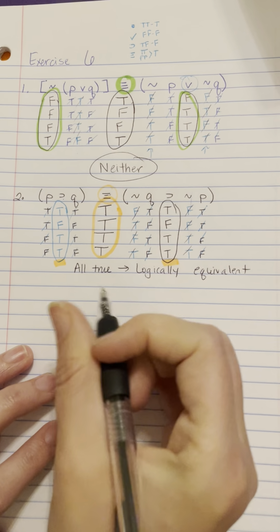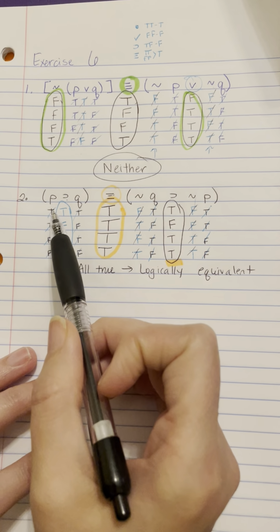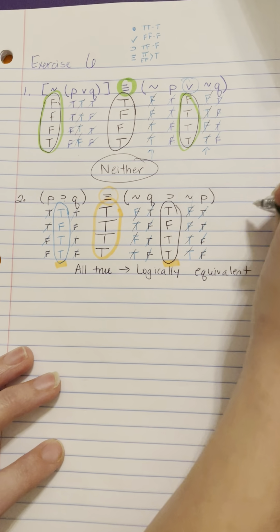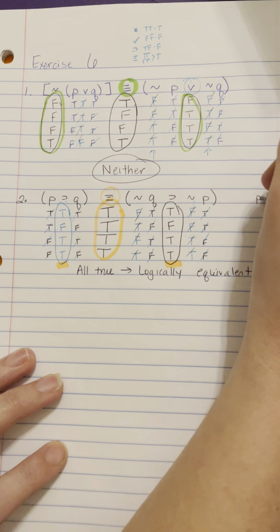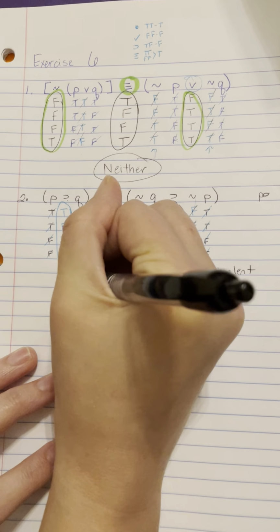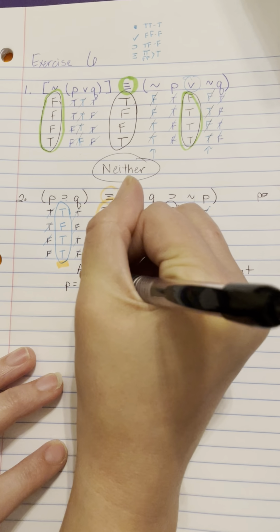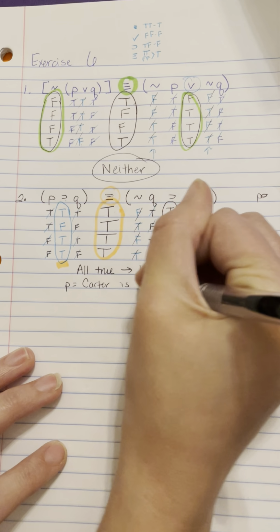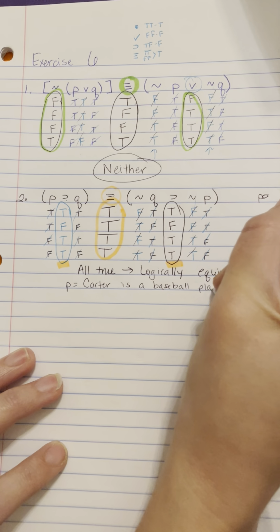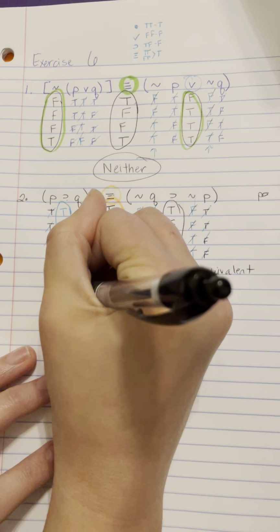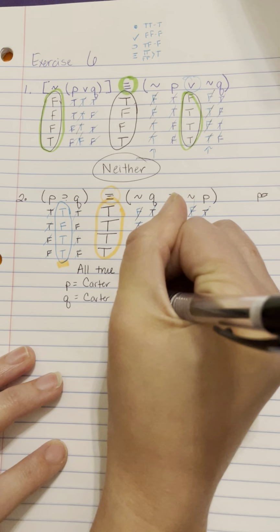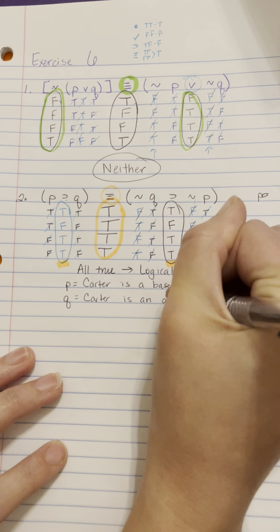Okay, so an example of this, let's just think about this for a second. Let's say P meant, actually, I don't think you can read that over there. Let's pretend that P meant Carter is a baseball player. And let's say that Q means Carter is an athlete.